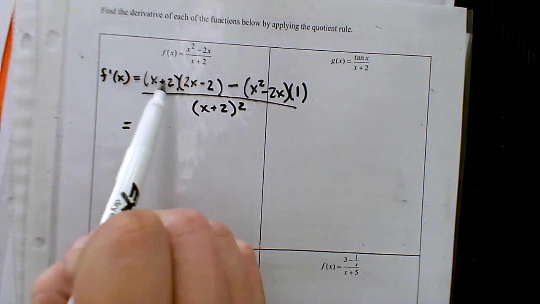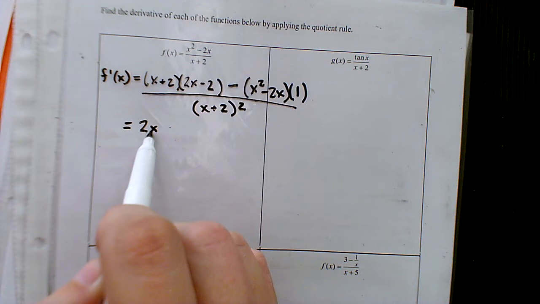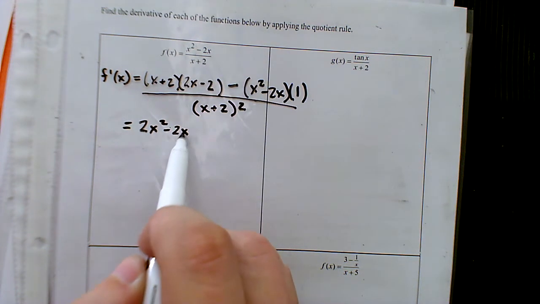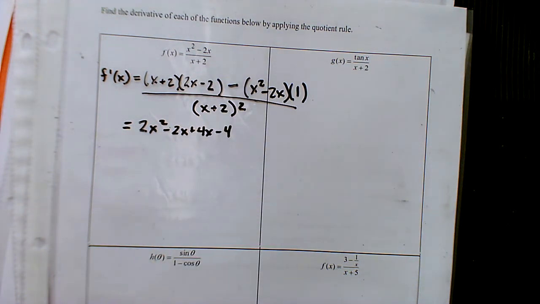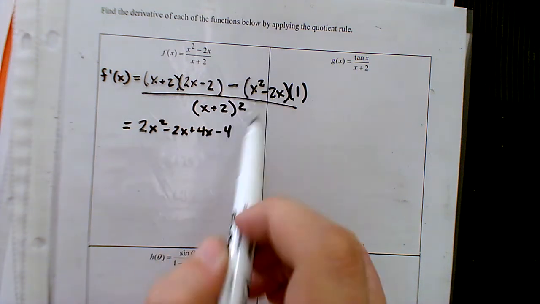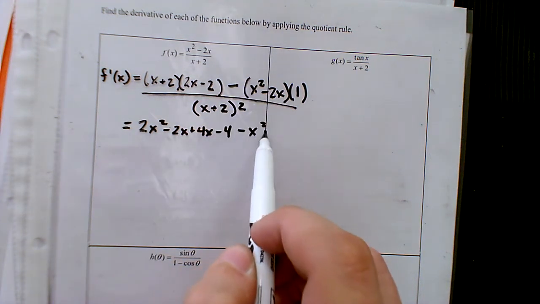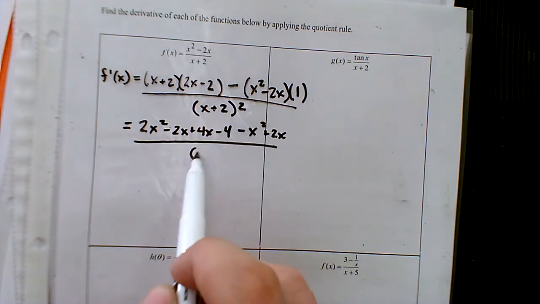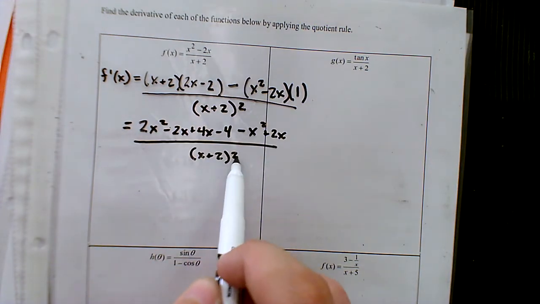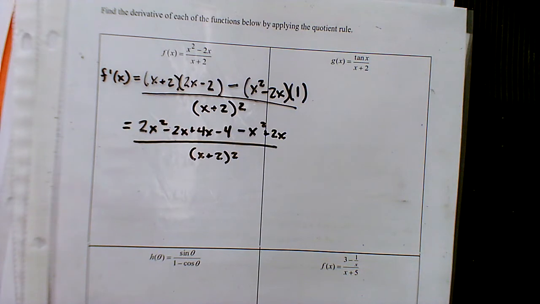We'll see what happens. So we'll have 2x squared minus 2x plus 4x minus 4. If we subtract the next quantity, the signs would change. And that's all over the bottom squared.